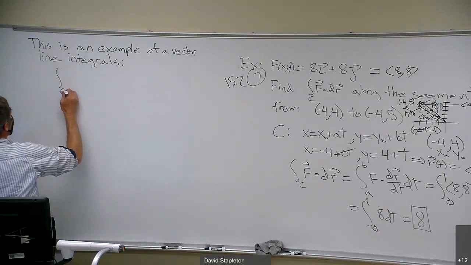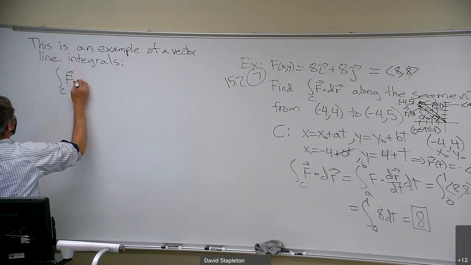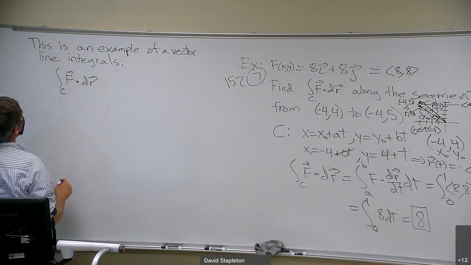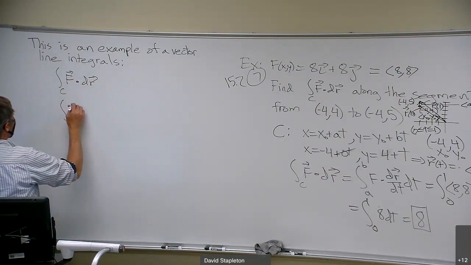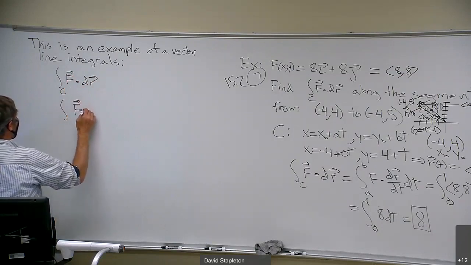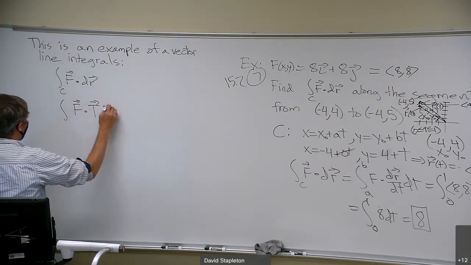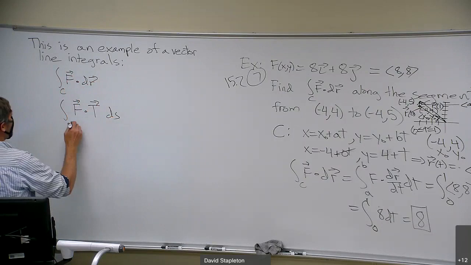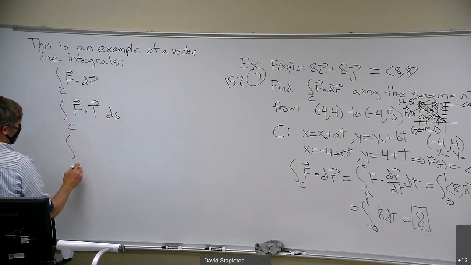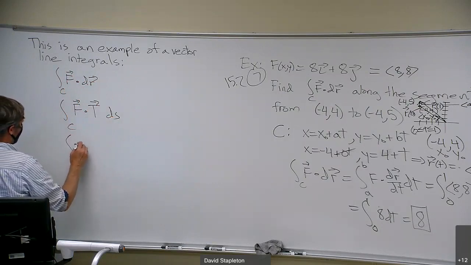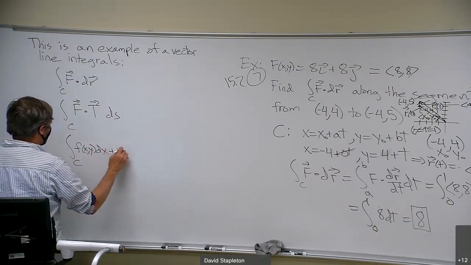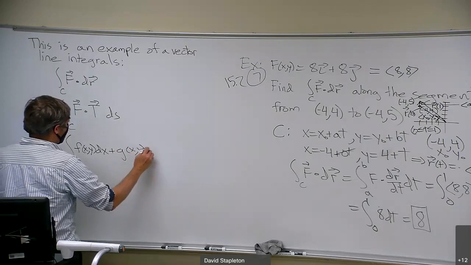You can integrate along C, f dot dr, given a vector field f. You can take an integral of f dot T ds, given a vector field f and T the unit tangent along C. Or you can take the line integral along C of f of x, y dx plus g of x, y dy.